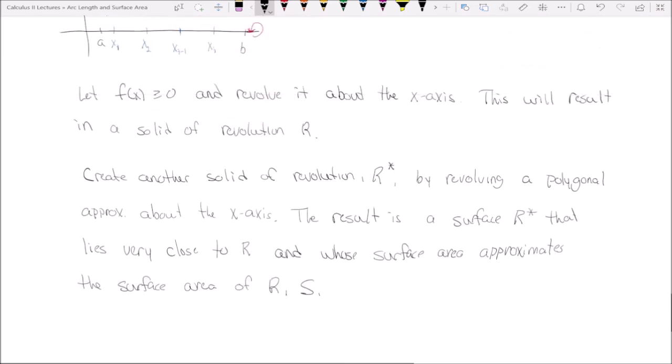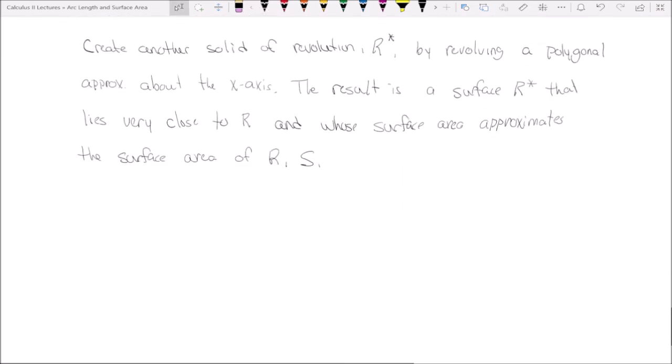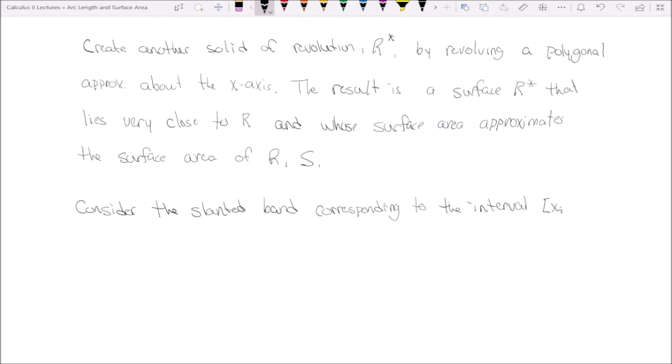Now, notice that R star is made up of slanted bands, all right? So what we do is we consider the slanted band corresponding to the interval x sub i minus 1 to x sub i.